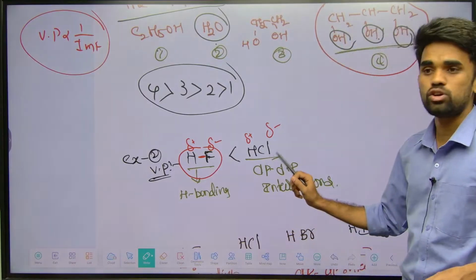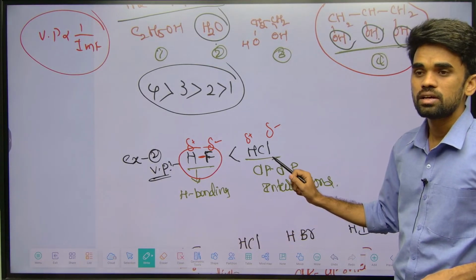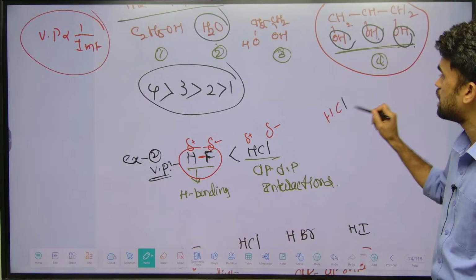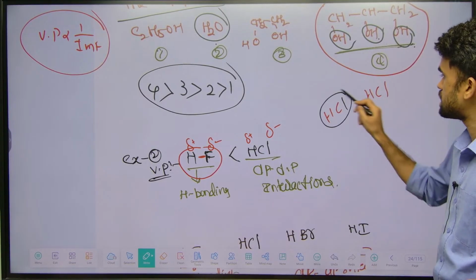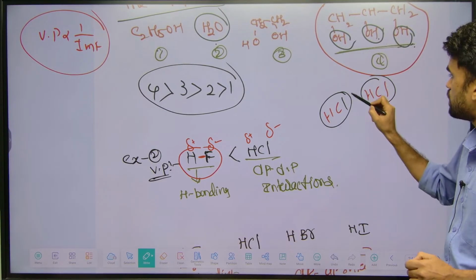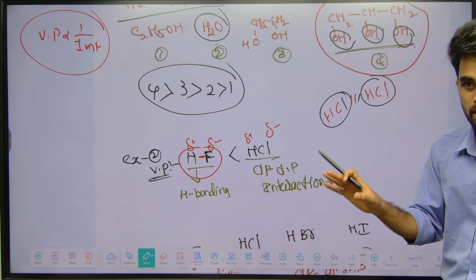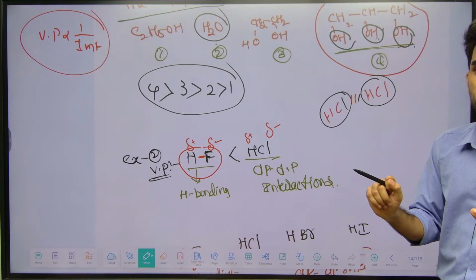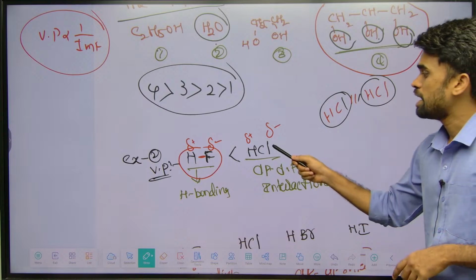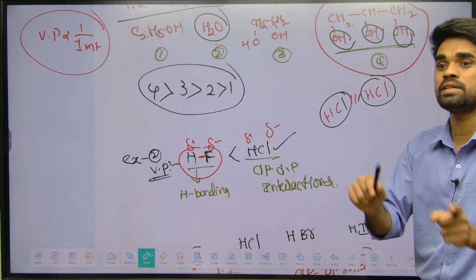But that kind of hydrogen bonding is not possible between HCl molecules. Now, you take two HCl molecules; between them hydrogen bonding is not present. That's why pure HCl is in the gaseous phase.